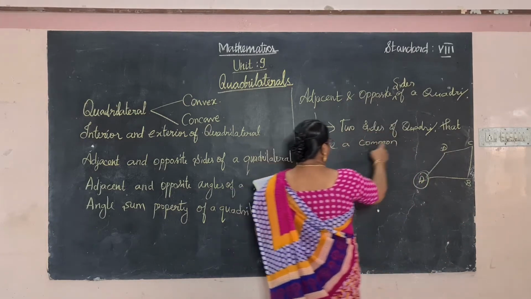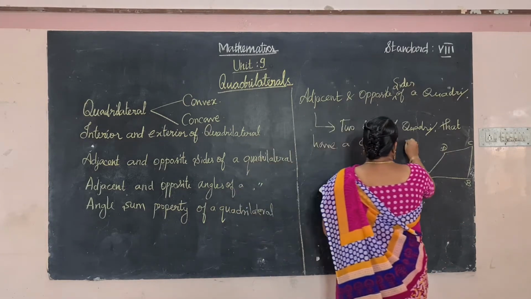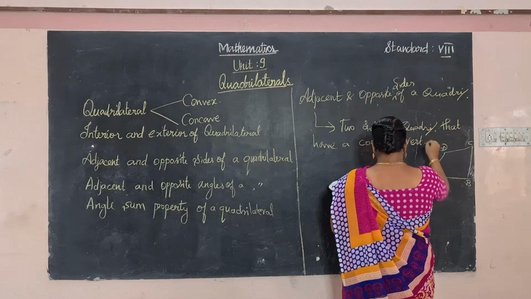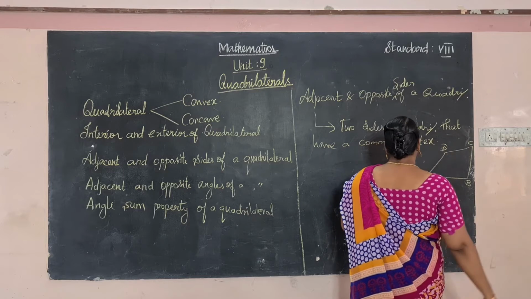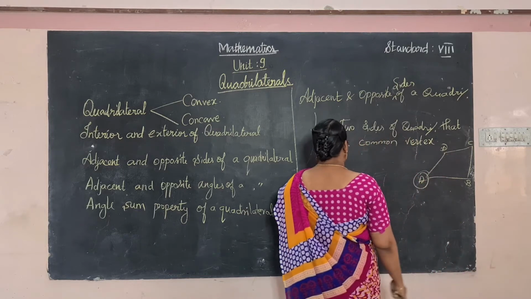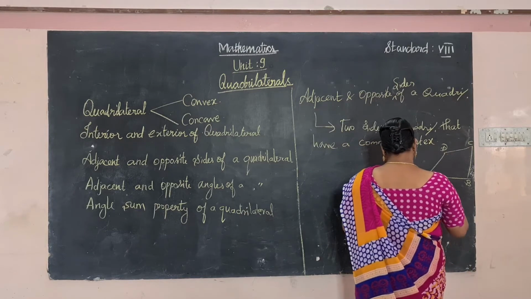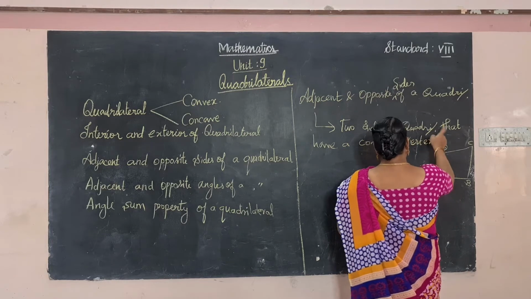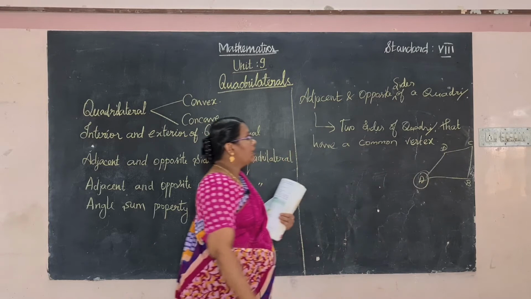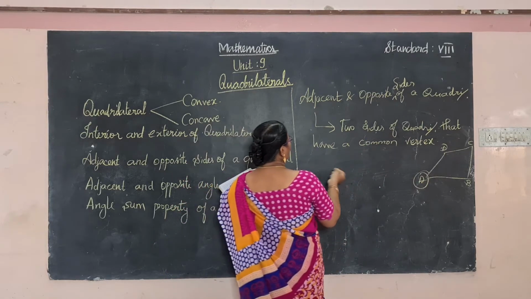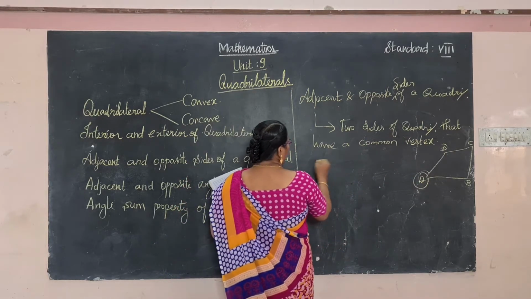Having a common vertex. Vertices means points. Vertex or vertices; vertices is the plural form. Here there is only one, so common vertex. These are called the adjacent sides of the quadrilateral.